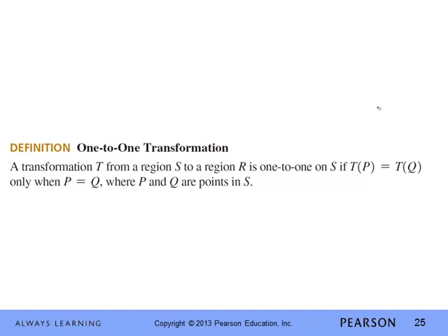So how we actually prove it is, suppose that T of P is equal to T of Q, and then work backward to show that the only way that T of P could be equal to T of Q is if P and Q are the same thing. Don't worry about that. That's more of an advanced math thing. Just understand what one-to-oneness means.